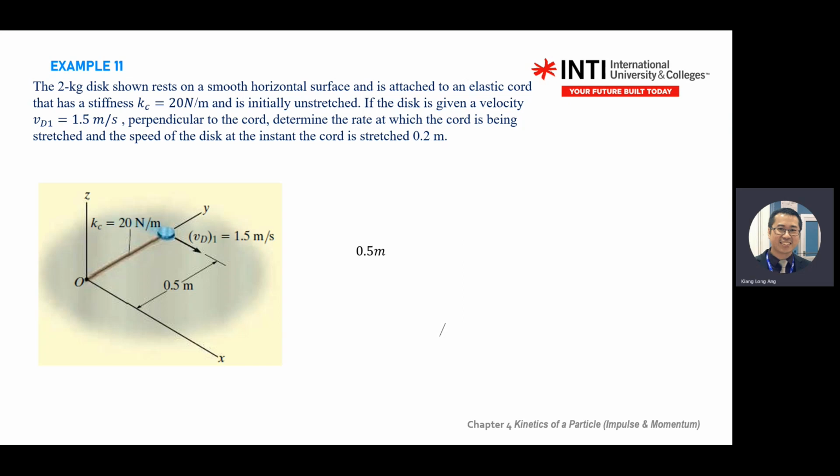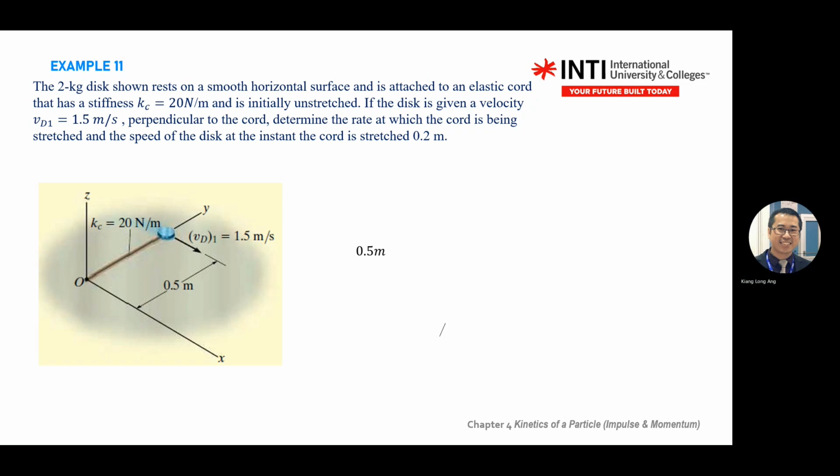Again, ask yourself, is this a rectilinear motion or a curvilinear motion? Why not linear? There is a curve. If you try to spin the object, how does it move? You move in a circle, right?